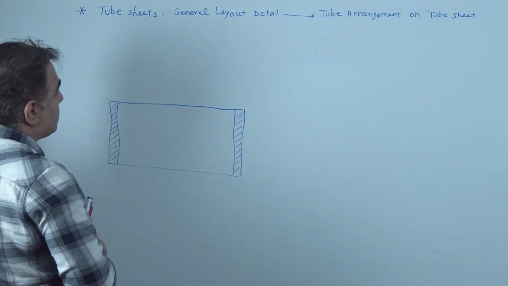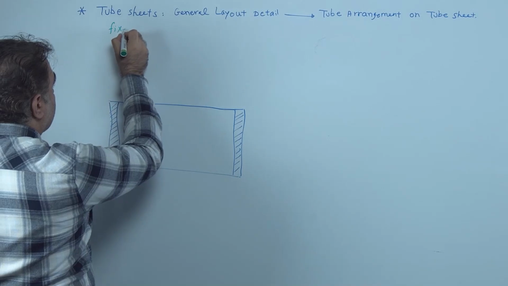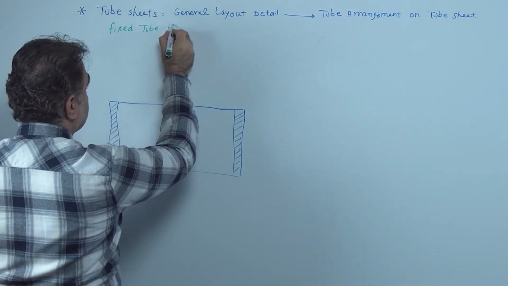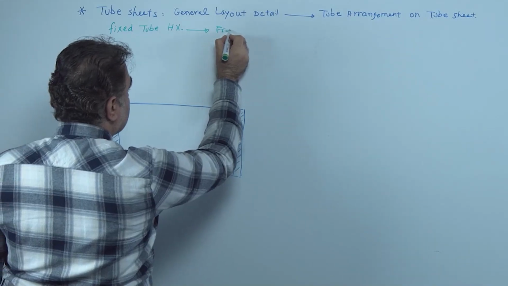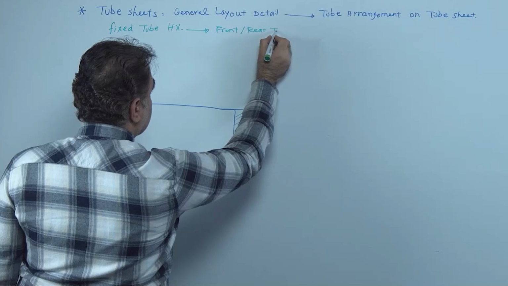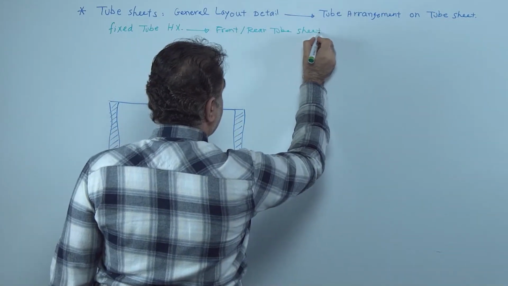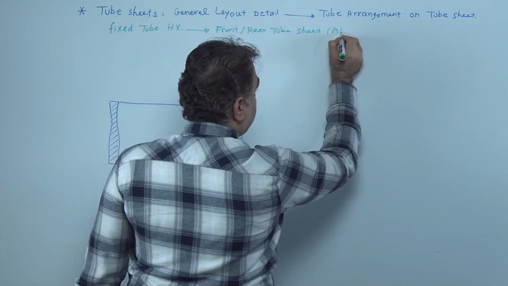Generally, for a fixed tube sheet, we have two tube sheets. Therefore, for a fixed tube heat exchanger, we have a front tube sheet and a rear tube sheet, like at AEL and BEM.